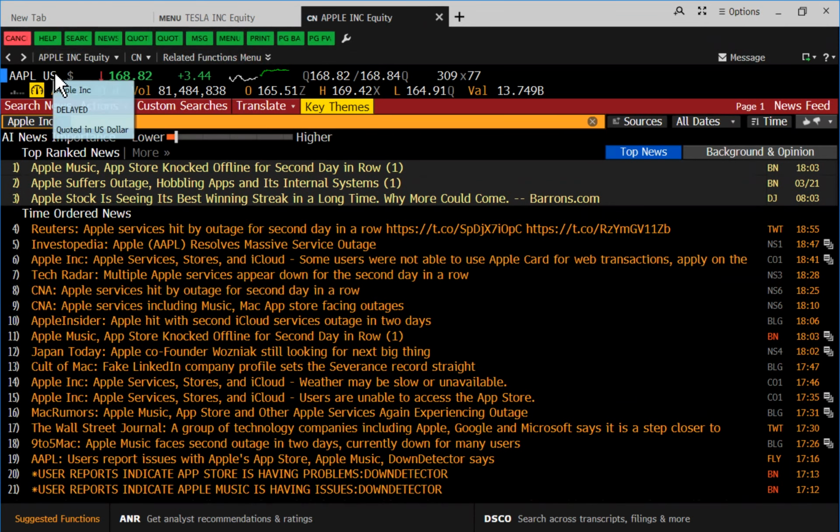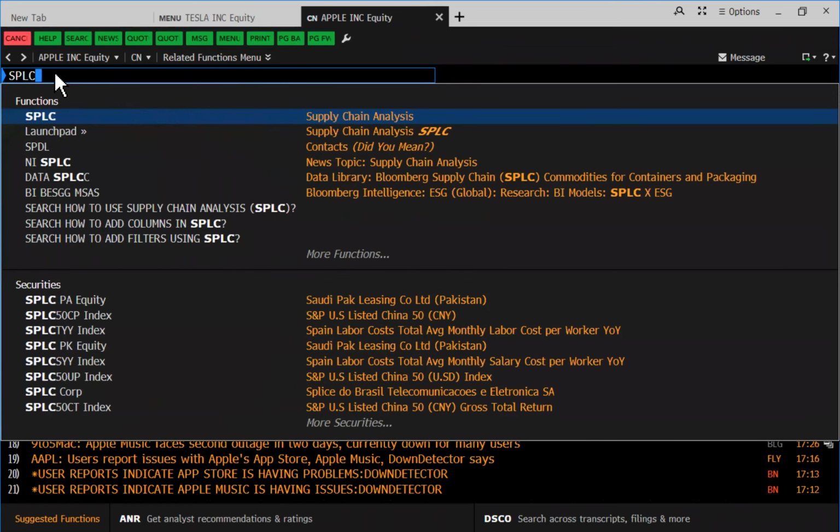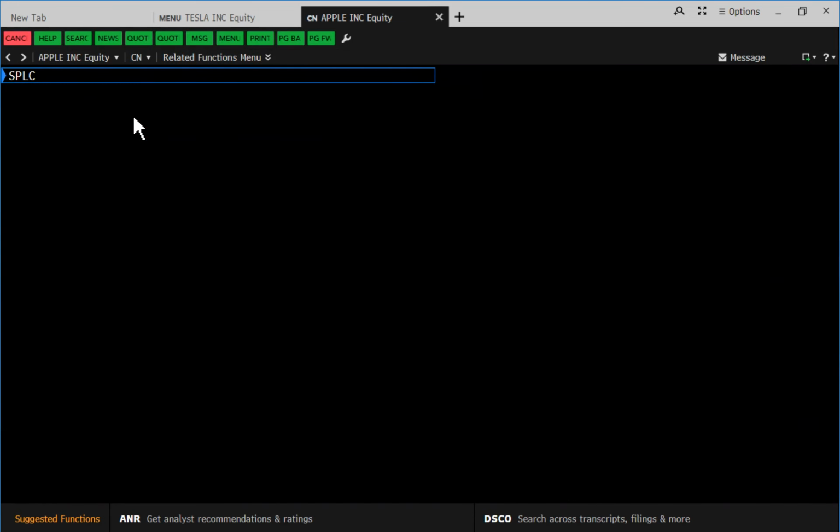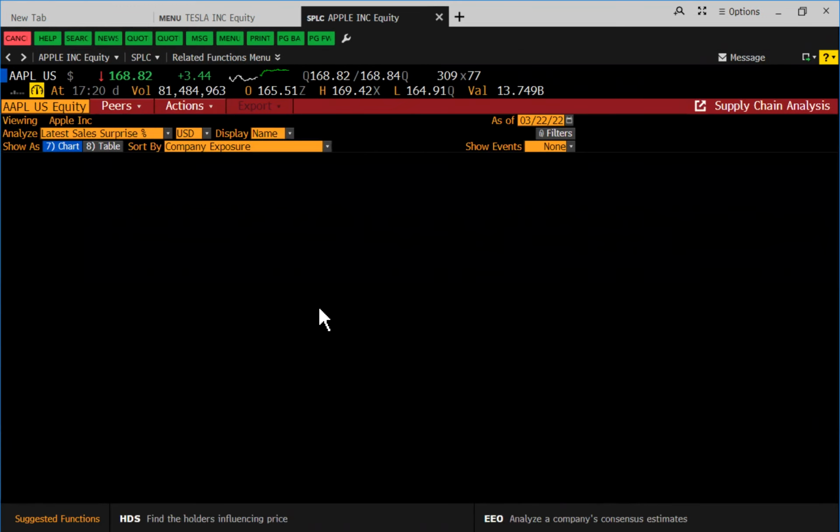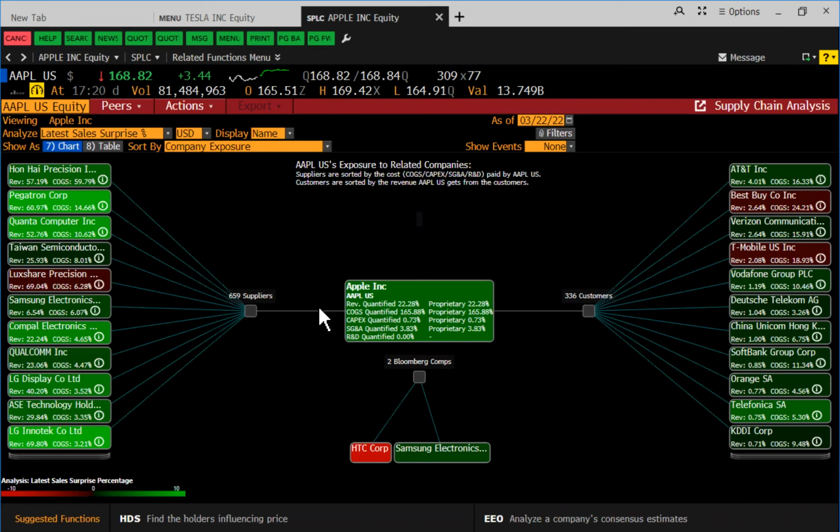So another one that you can look at is SPLC, and that's the very interesting supply chain analysis. So you're going to see the customers of Apple and also the suppliers of Apple. So again, if you look at the suppliers of Apple, those are a lot of semiconductor firms.